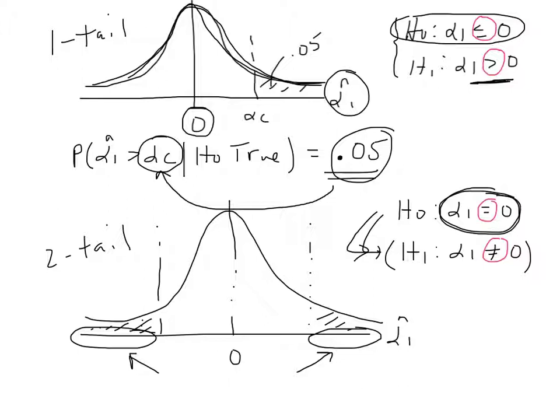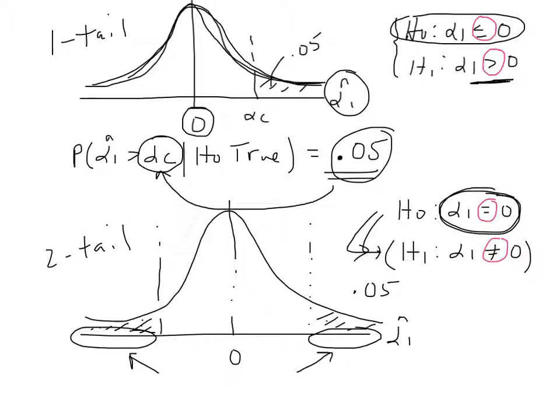So if we want to choose appropriate critical values for this test, how would that work conceptually? Well, we still want to pick the probability of a type 1 error. But, for example, if we want the probability of a type 1 error to equal 0.05, like it did in the last example, we would have to split that between the two tails now.